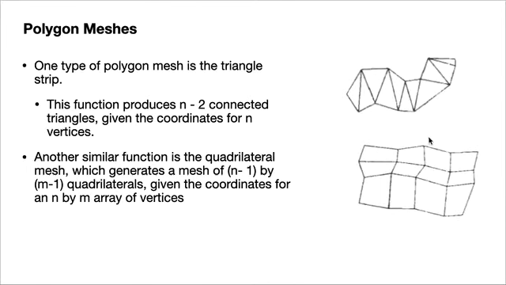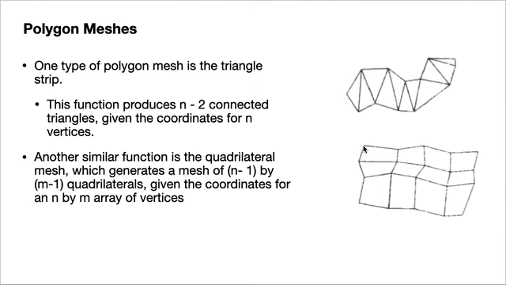Similarly, you can use another function, quadrilateral mesh. This is a figure of a quadrilateral mesh. Here this mesh generates n minus 1 by m minus 1 quadrilaterals given the coordinates for an n by m array of vertices.